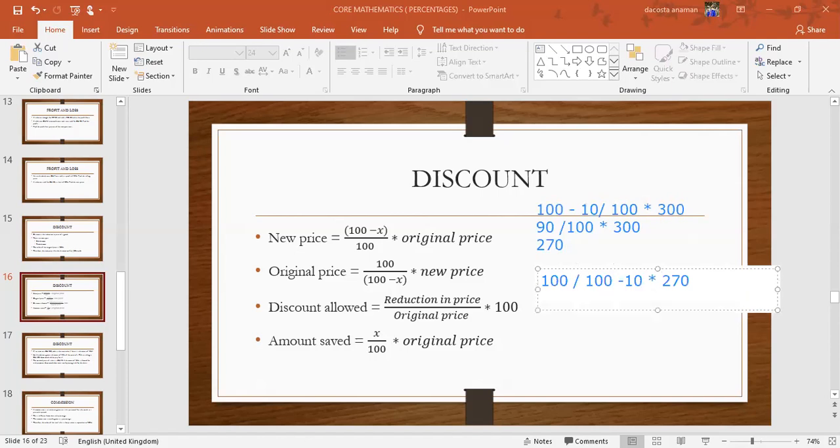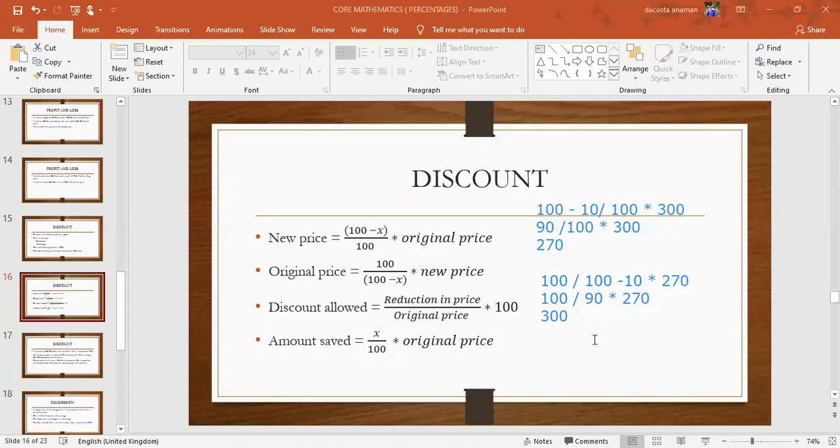So that will give us 100 over 90 times 270. Punch that in our calculator. 100 over 90 times 270 will give us 300 Ghana cedis. So as you can see, we have been able to find our original price, which is 300 Ghana cedis, when we have been given the new price and the discount percent. Is that okay?